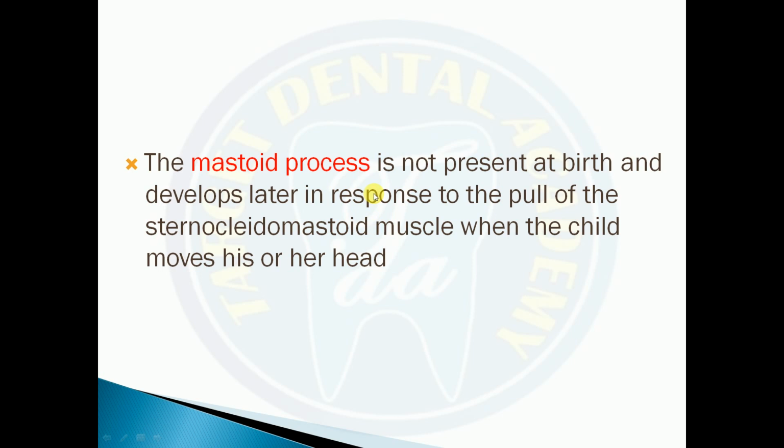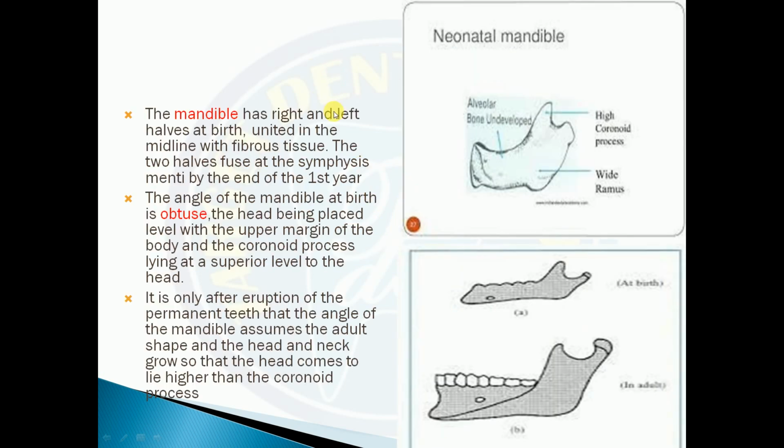Important question. Coming on to the mandible: it has right and left halves at birth, united at the midline. The two halves fuse at the symphysis during the end of the first year. At the time of birth, the angle is more obtuse.